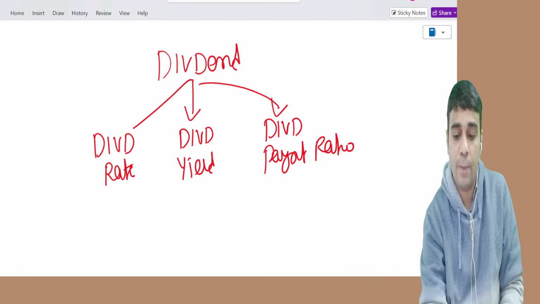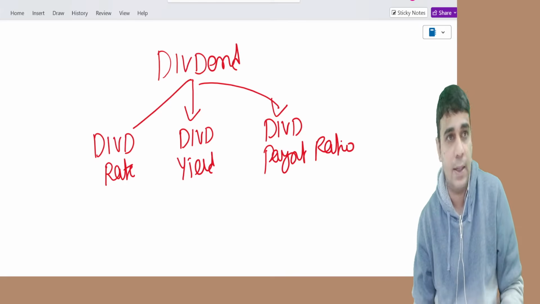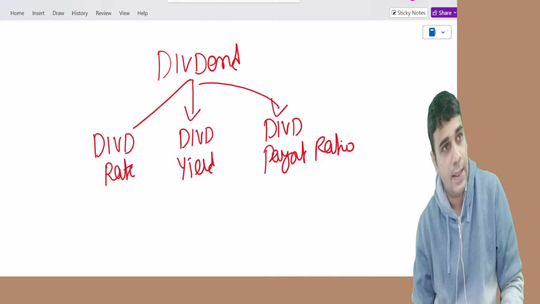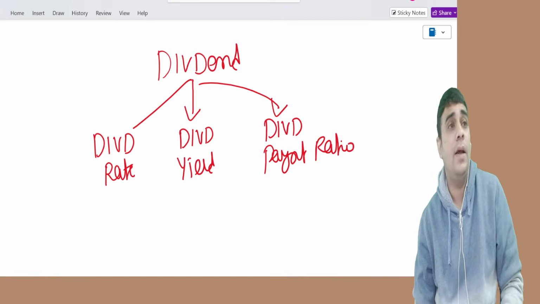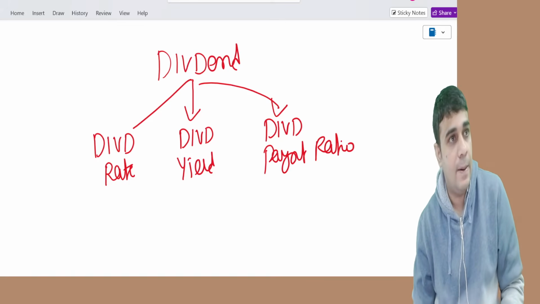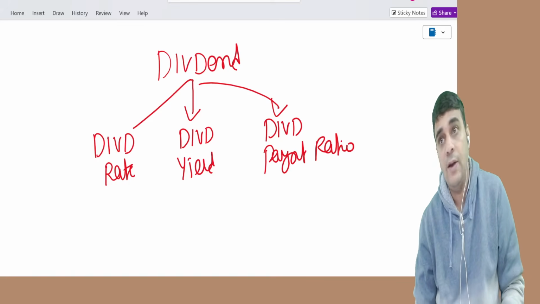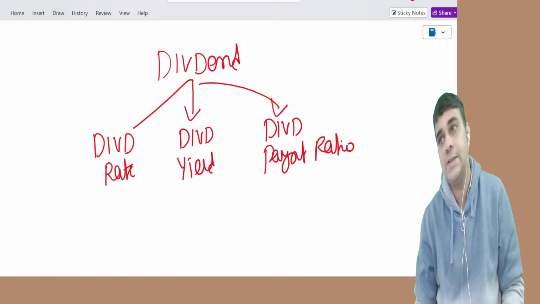I'm talking from a corporate point of view, then I'll link it to mutual funds. Dividend rate means multiplying on face value. Dividend rate is multiplied on face value to get how much dividend is declared.